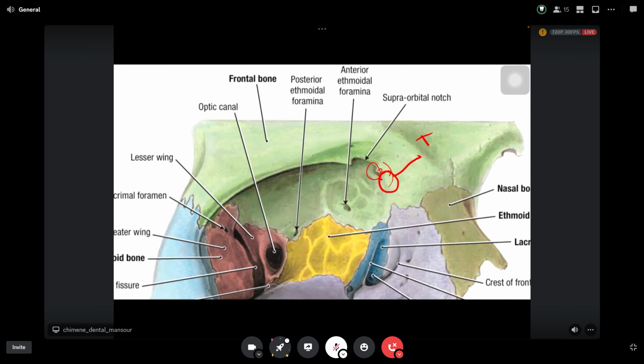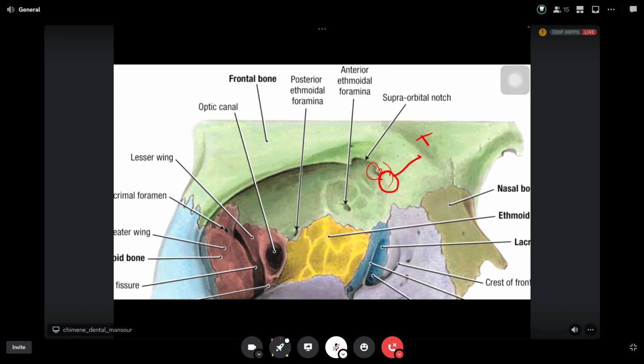Oh yeah, I almost forgot to tell you for this part. In yellow is the ethmoidal bone, and above the ethmoidal bone you can see two foramina.